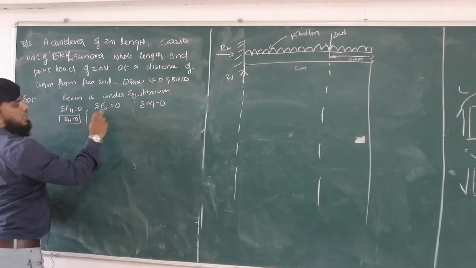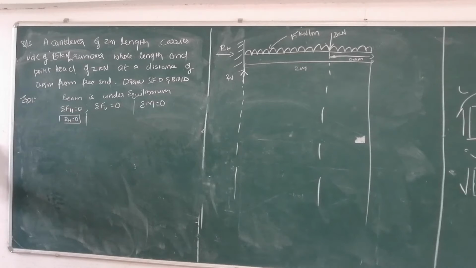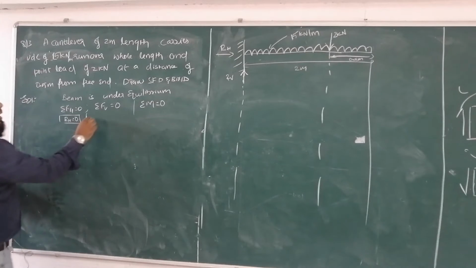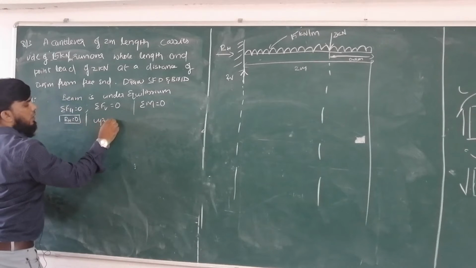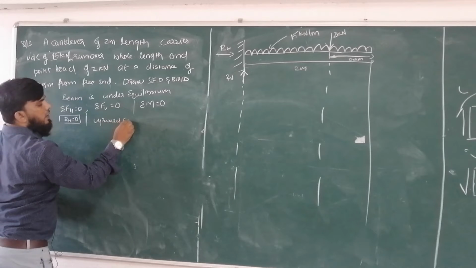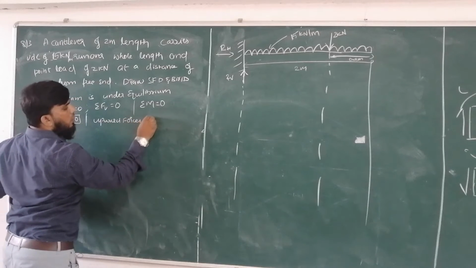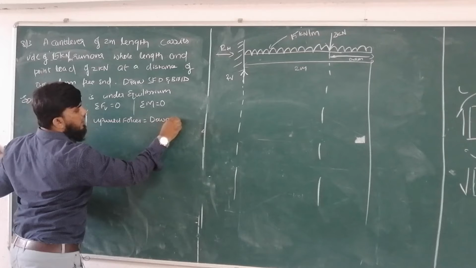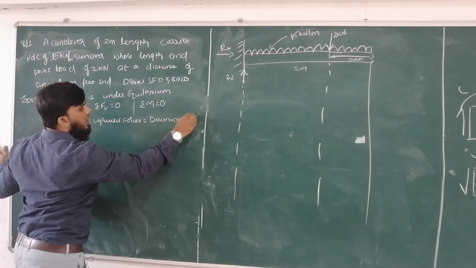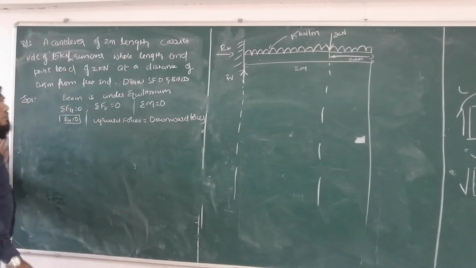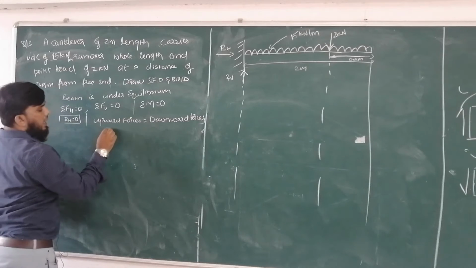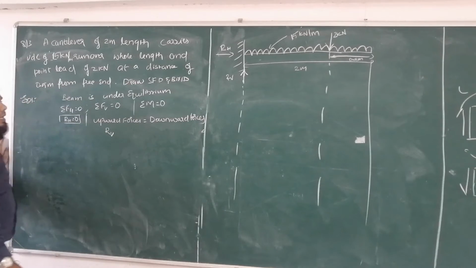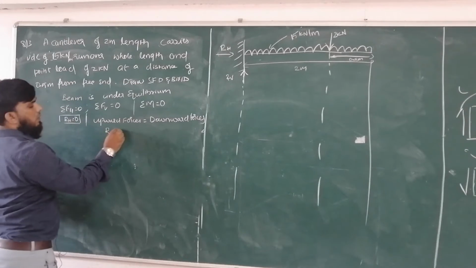Next we will solve the vertical condition. Upward forces should be equal to downward forces. What is the upward force here? The reaction force at point A, RA, is equal to the loads.